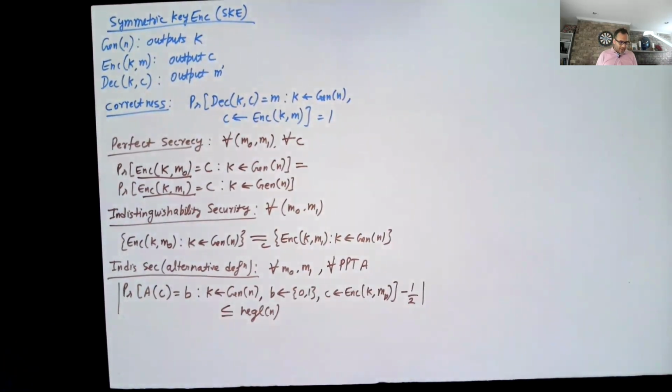And by the way, an interesting thing to note in this definition is, why do we only consider two messages? Right? Your message could be very long. There could be many different possibilities of the message and so on. So the nice thing about just considering two different messages is that essentially you can think of it as giving a lot of information about the message to the adversary. So suppose your message is very long, right? Suppose we even give the adversary all the bits except a single bit of the message, right?